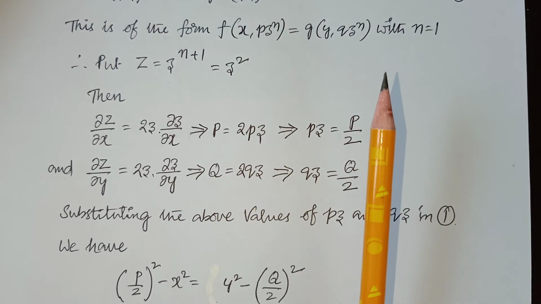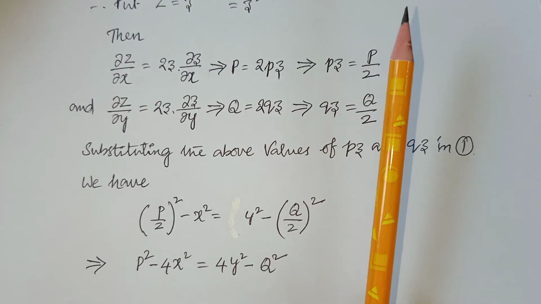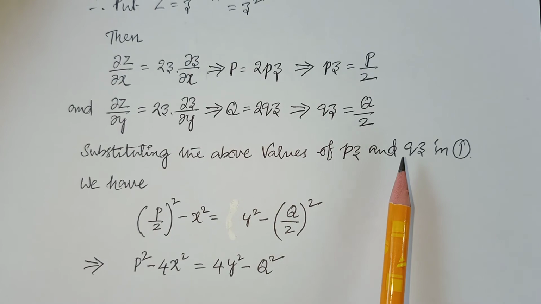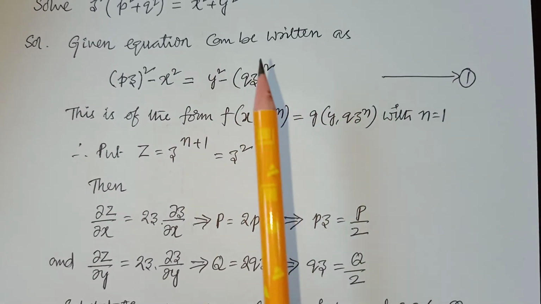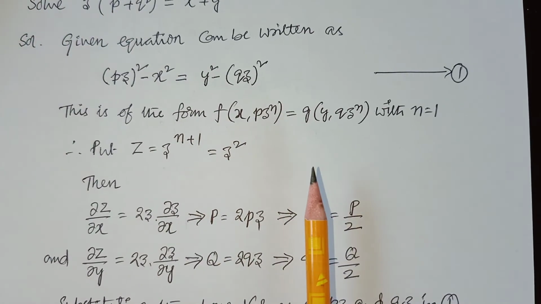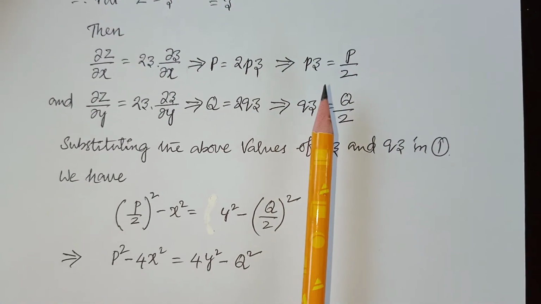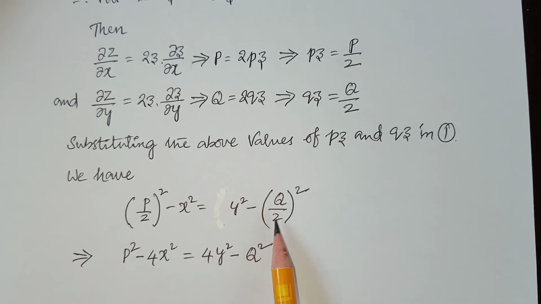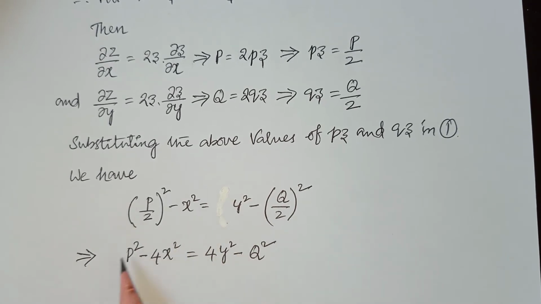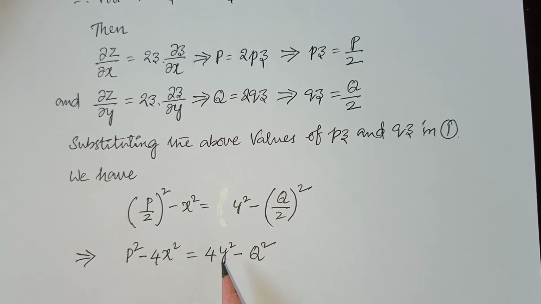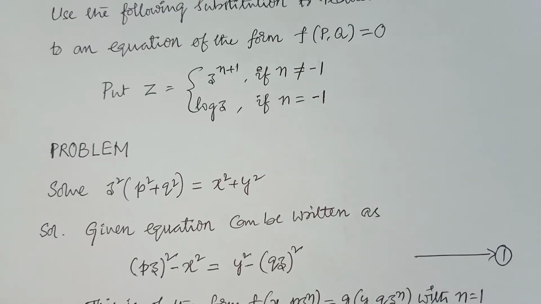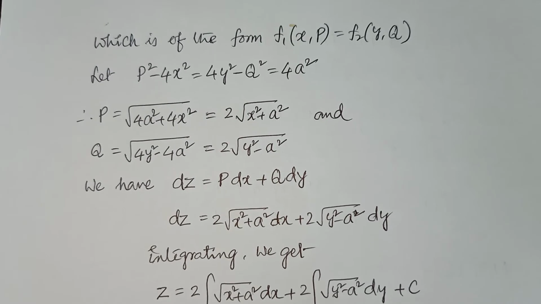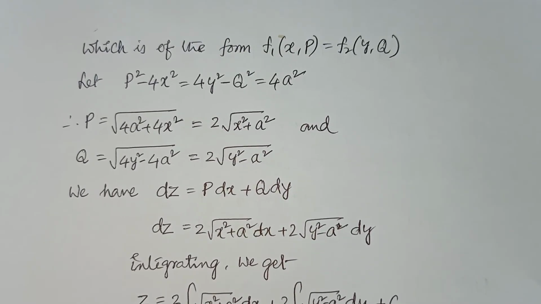Now substituting the above values of pz and qz in equation 1, we get (P/2)^2 minus x^2 is equal to y^2 minus (Q/2)^2. Taking the LCM on both sides, P^2 minus 4x^2 is equal to 4y^2 minus Q^2.